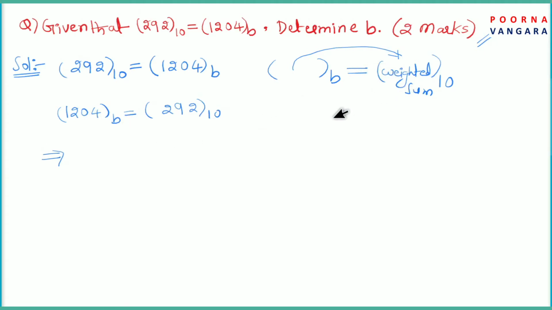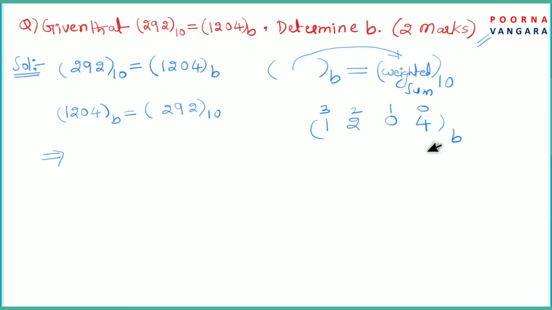Weighted sum representation is nothing but, let us consider the base B number, that is 1204 base B. Now you need to write the digit place value or digit number. This is 0, 1, 2 and 3.